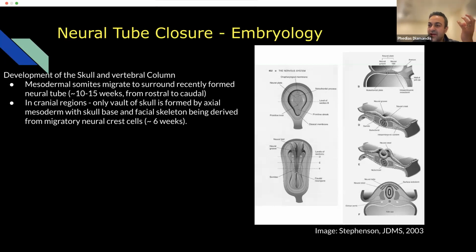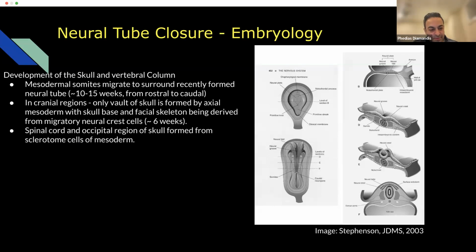This is important if you need to figure out why in some disorders it appears that the fetus has a normal facial skeleton. It's just lacking the flat bones of the calvarial bones of the skull vault, because they're embryologically derived from different components.